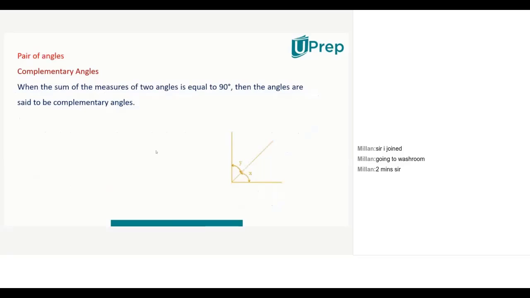Can somebody tell me some examples of complementary angles? 45 and 45. Milan and Sahas, you can type yeah or no. So 45 and 45.